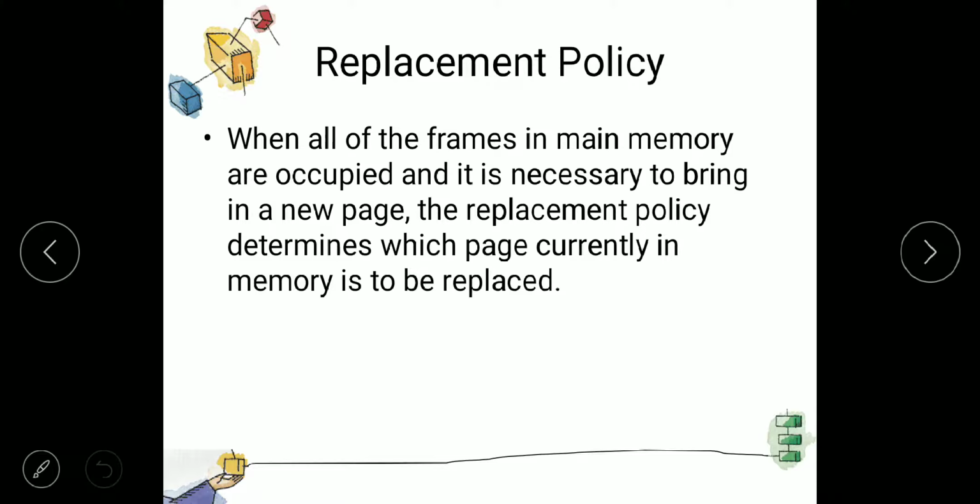Next is replacement policy. First we started with fetch policy, fetching from the secondary memory, then placement policy, how we are going to find a place in the main memory. Now there is a situation while trying to place it in the main memory, there may be no space.